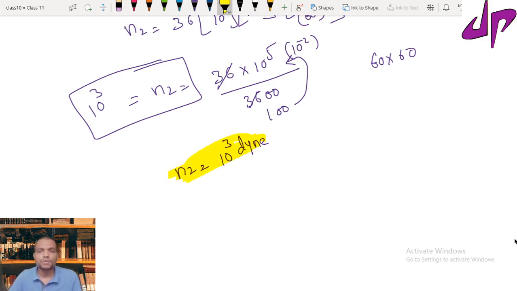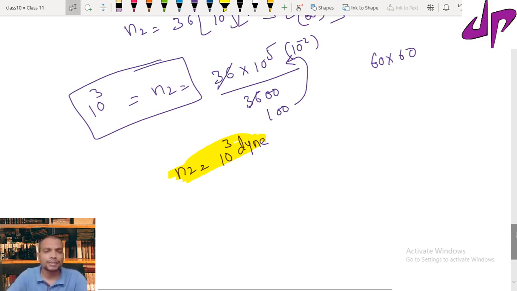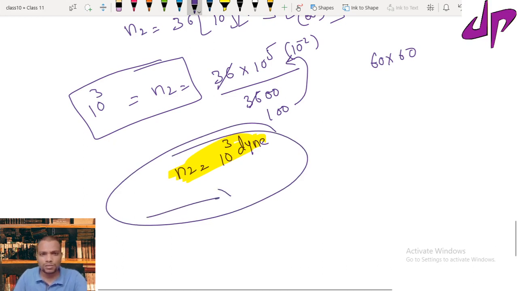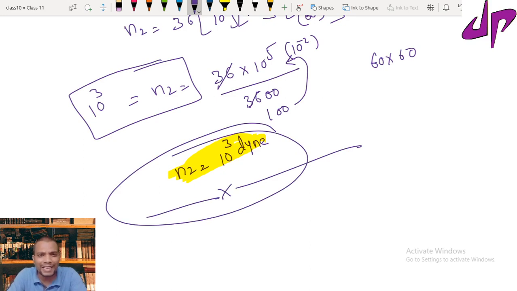So if 1 meter, 1 kg and 1 minute are taken as the fundamental units and the magnitude of the force is 36 units, its value in CGS units becomes 10 power 3 dynes. So let's do practice, then we will get familiar.